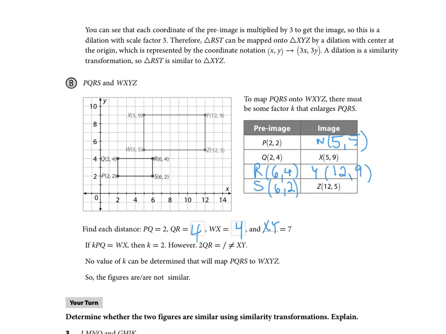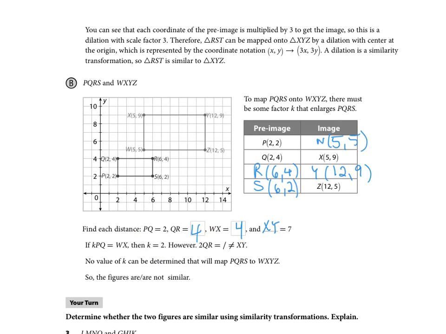So if we can multiply a number, k, times the length of PQ and get its corresponding side WX, then we can assume that k is 2 for this first one. And you can see that that's not a problem there.